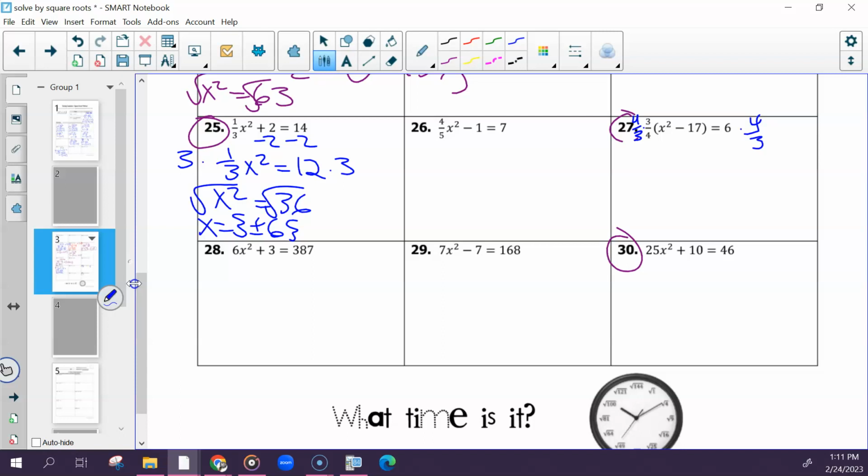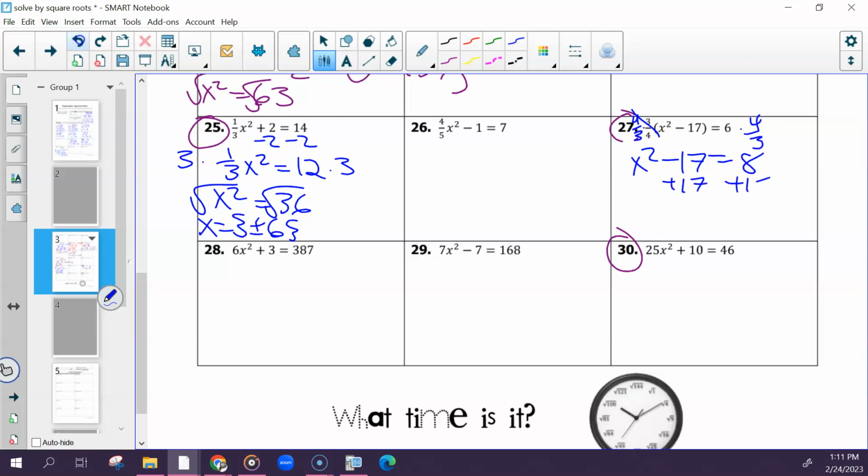Okay, so if we multiply by 4/3 on both sides, the 1 would cancel. The parentheses get dropped down, or disappear. You know what I'm saying? What would this be? And then we don't have fractions, so we can solve it like normal.